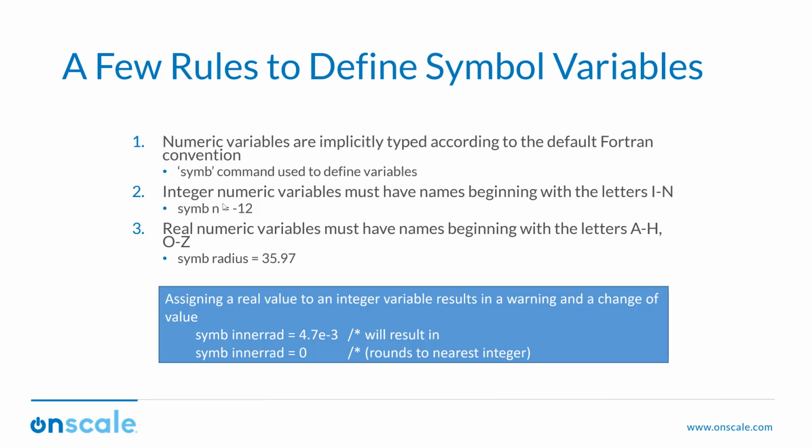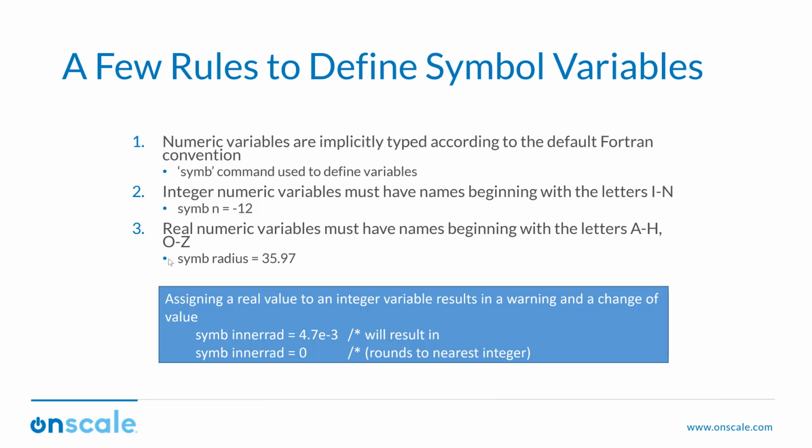So N will be an integer, I will be an integer, and anything in between, like IGK, LMN, all of those will be integers. Now, if you want real numerical variables, then you have to choose a name which is between A to H or O to Z. So basically all the other letters.